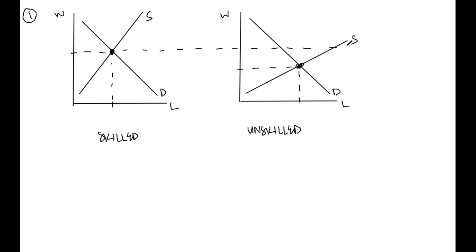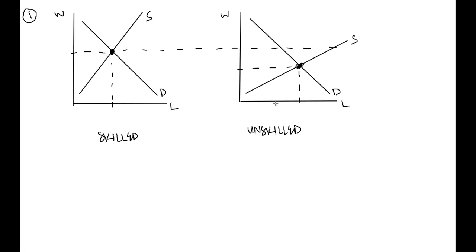So just for reference, we can see that these two wages are definitely not the same. This is what we start out with. This is our before number one. Number one then comes along and says an increase in the supply of unskilled labor and a decrease in the supply of skilled labor. So this is going to be our market shifts, which is what the problems are titled. What we can do is show how each of these shift and then analyze the three things they wanted us to look at.